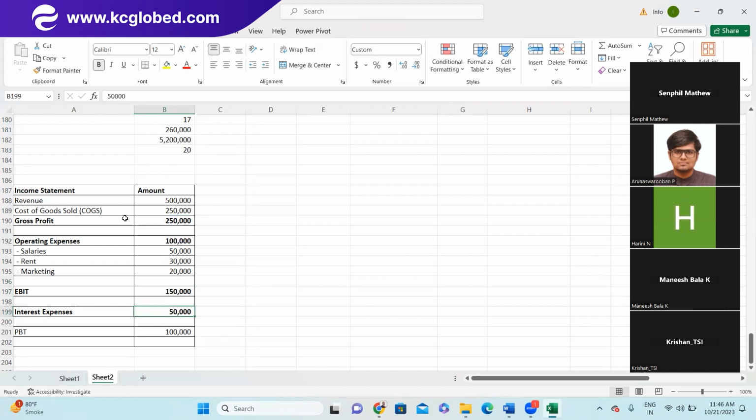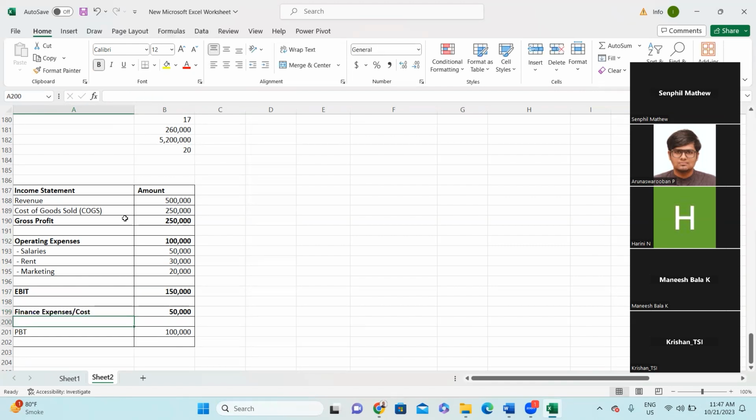Then you have interest expense, or you can say finance expense or cost, whatever you call it, right? And then you have profit before tax. Here you have two things. One is the sales to contribution margin.